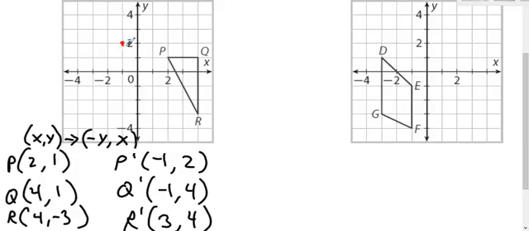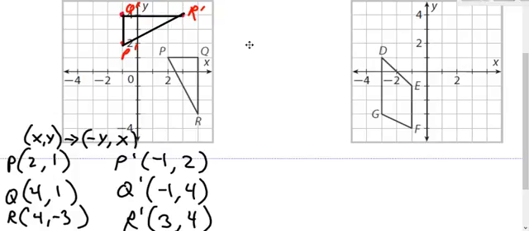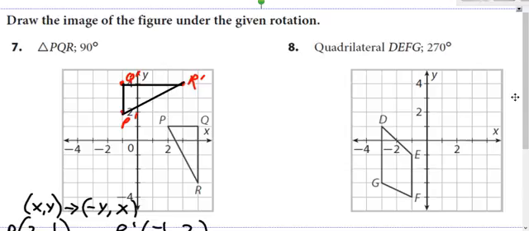Negative 1, 2, that's P prime. Negative 1, 4, that's Q prime. And then 3, 4, that is R prime. And that does look like we rotated at 90 degrees, so that looks good.